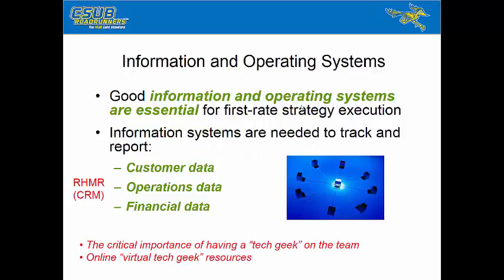Information systems. There's a whole lot of stuff that's important in your information systems, but three things that are important for any company are a system to keep track of your customer data, a system to keep track of your operations from day to day, and a system to keep track of your financial data.